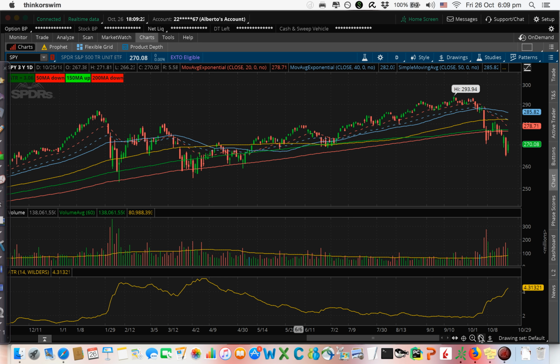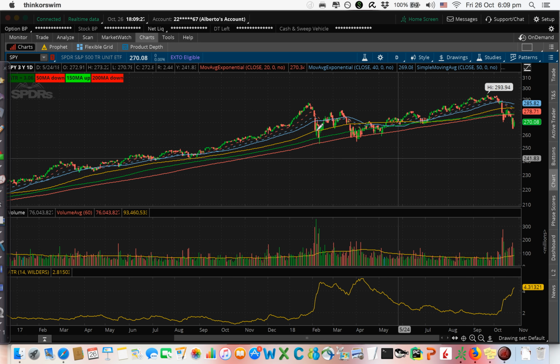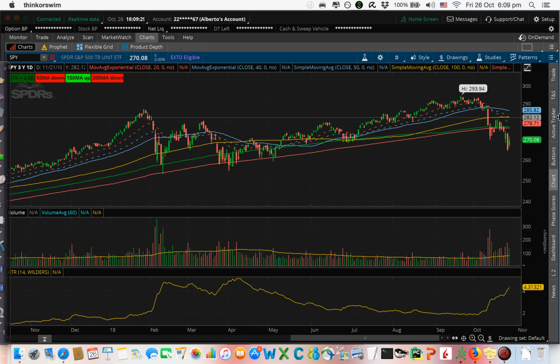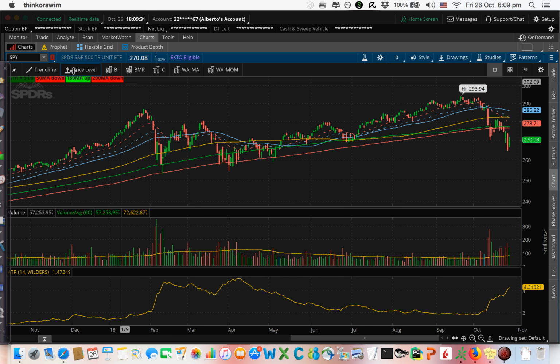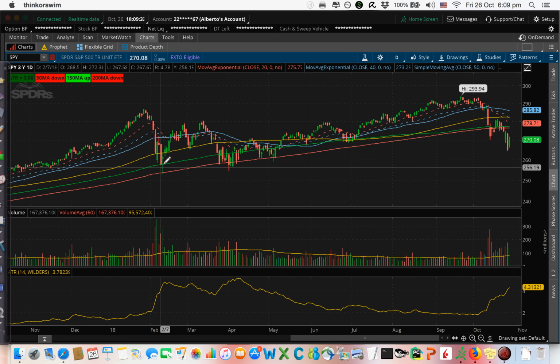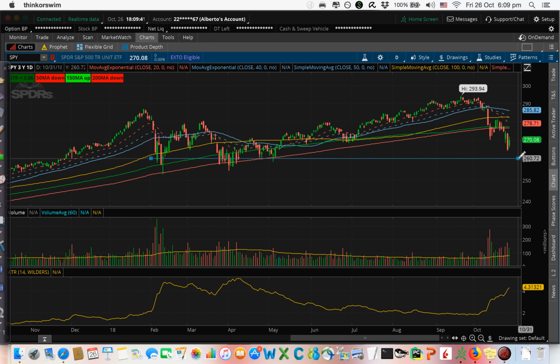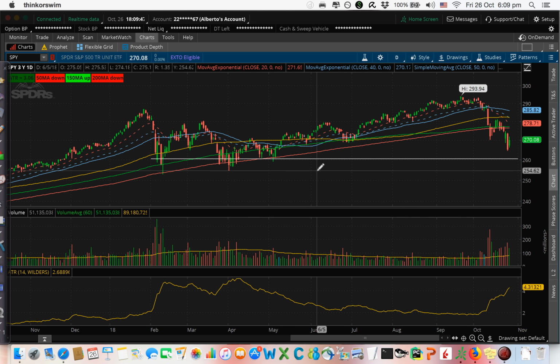Okay? And where is a possible support level? Well, let's look at the chart. If you see here, it seems that around this level, that I would say is around 260, the price bounced many times.